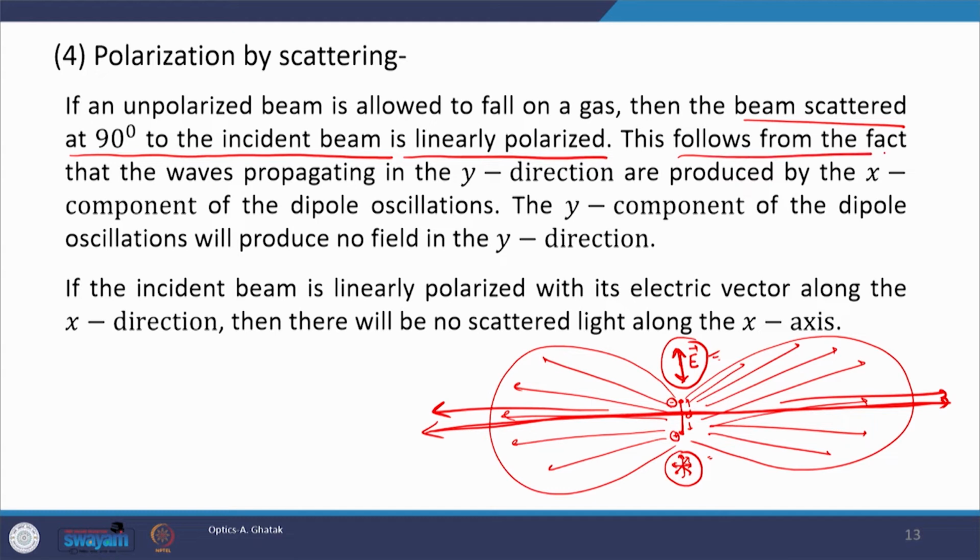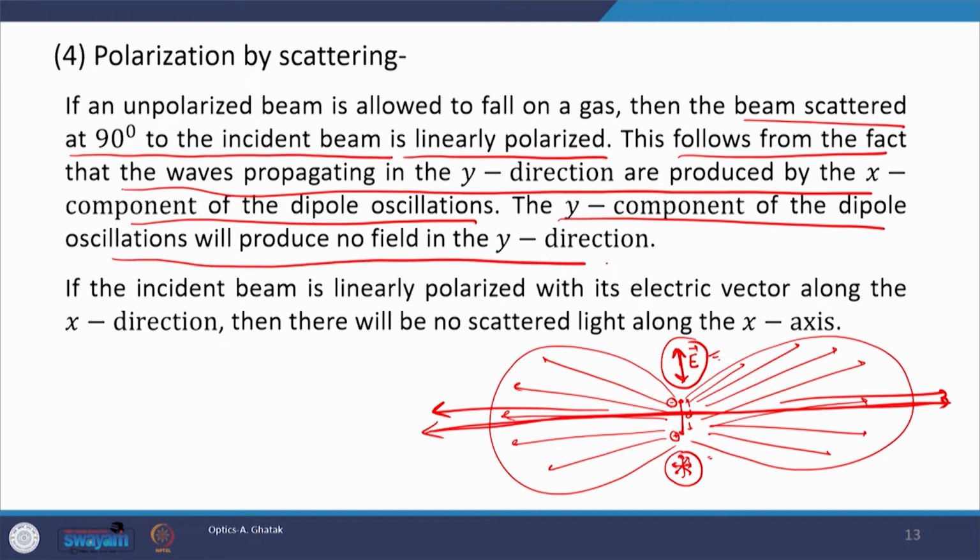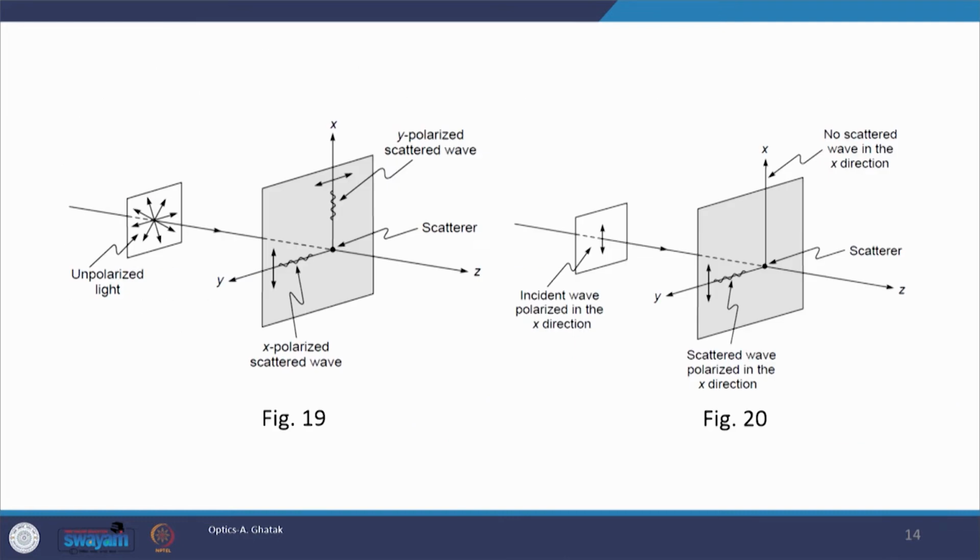This follows from the fact that the wave propagating in the y direction is produced by the x component of the dipole oscillations. The y component of the dipole oscillation will produce no field in the y direction. Okay. If the incident beam is linearly polarized with its electric vector along the x direction, then there will be no scattered light along the x direction, and this is schematically shown here.